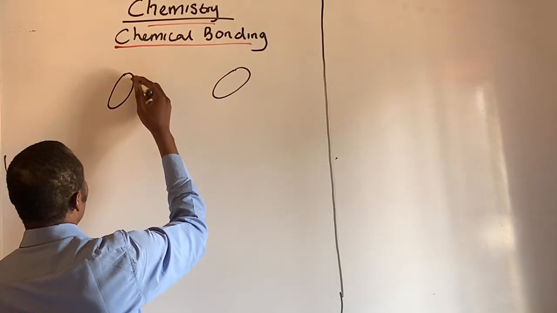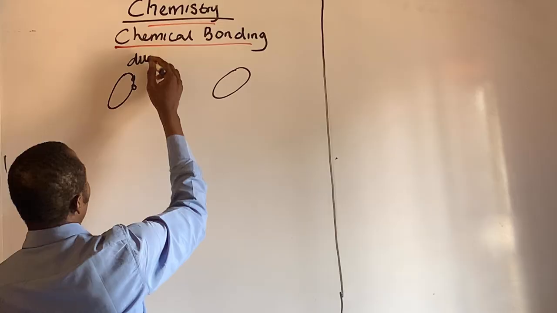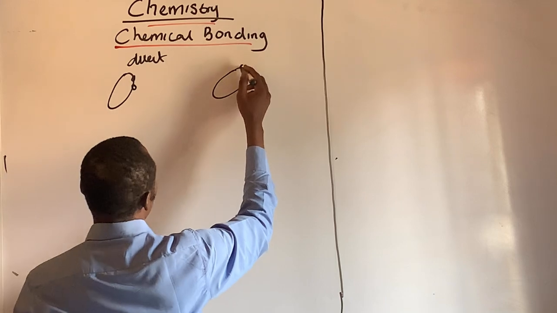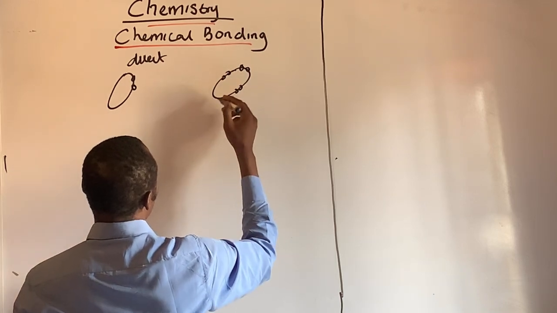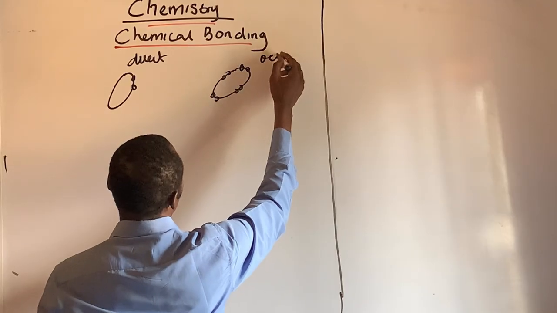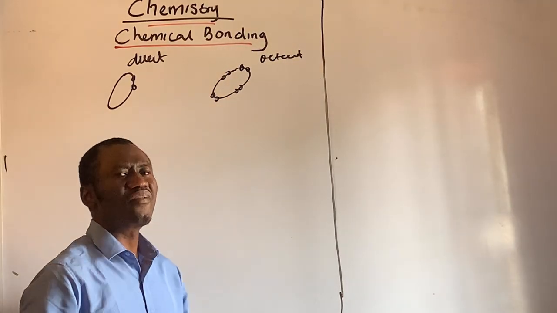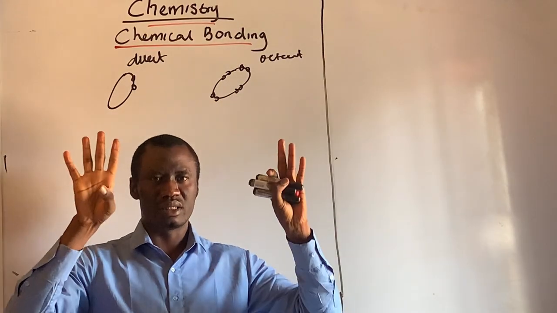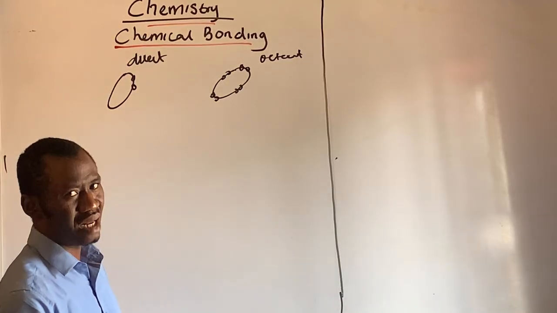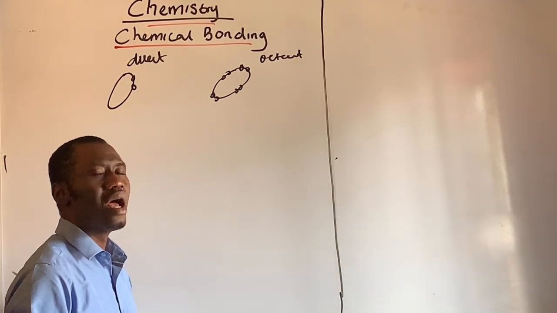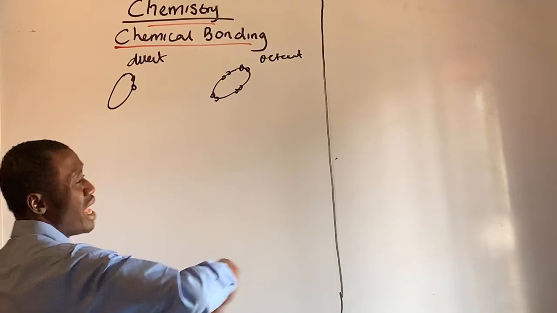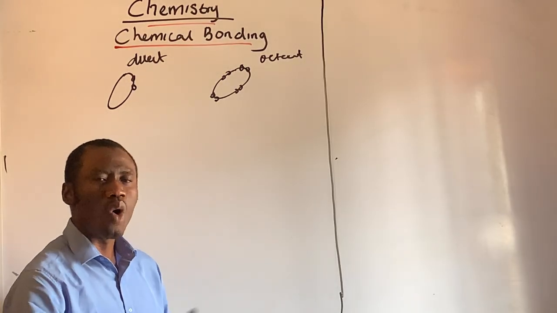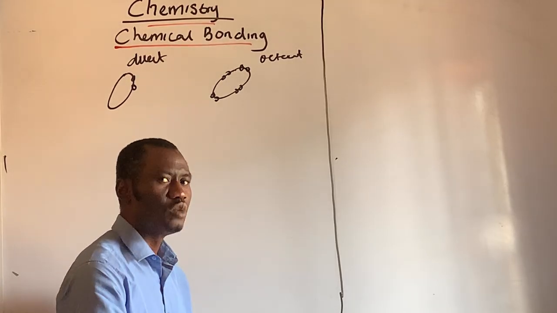Duet means 2, octet means 8. If the outermost configuration of the atom of an element is duet or octet, that atom becomes a stable atom. Every element wants to be stable, and because of that, they undergo reactions so that they could be stable.